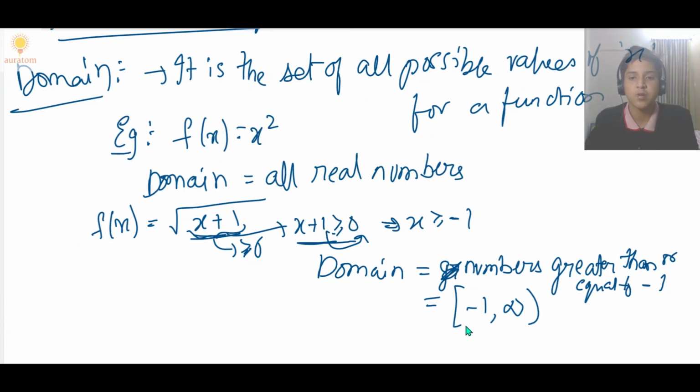This represents a closed interval, and this an open interval. So the domain of the function under root x plus 1 is from -1 to infinity, right? So that was about domain.